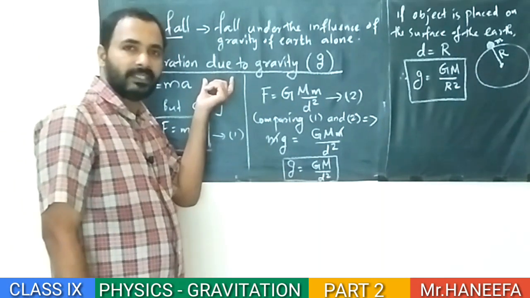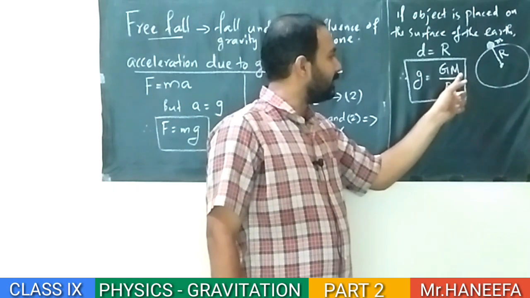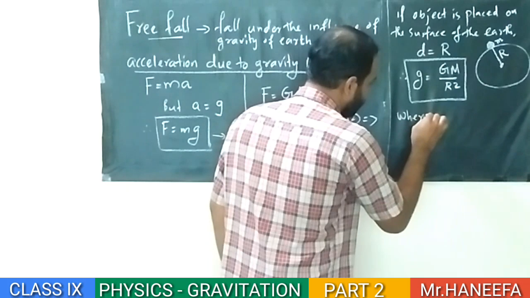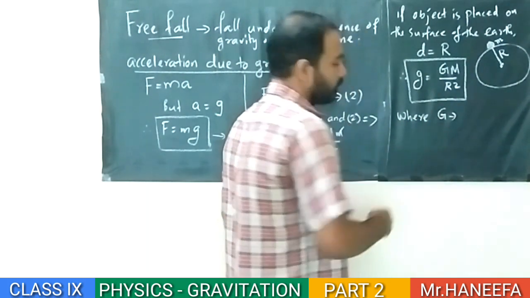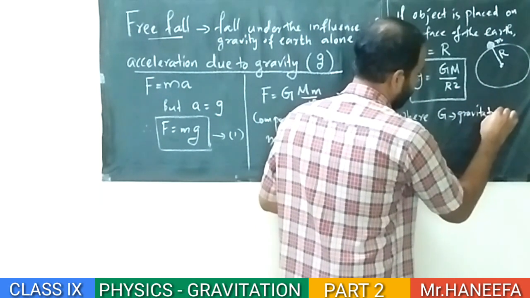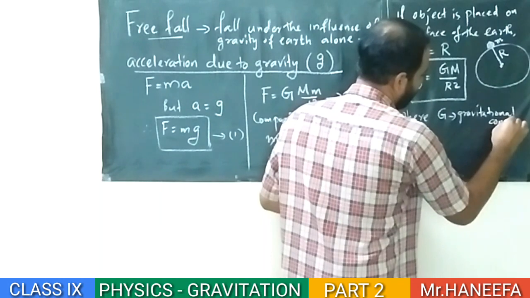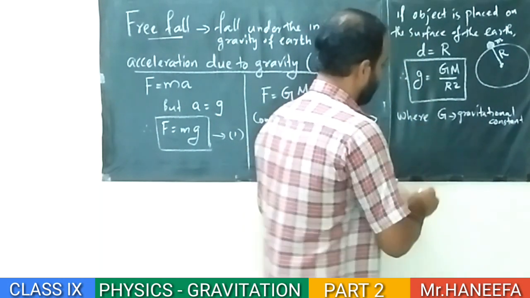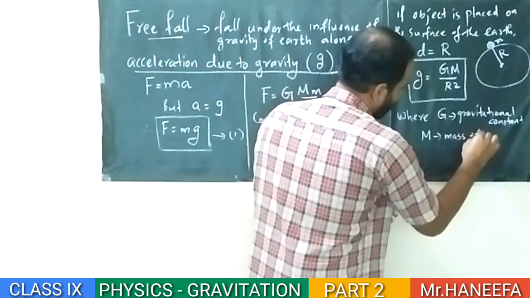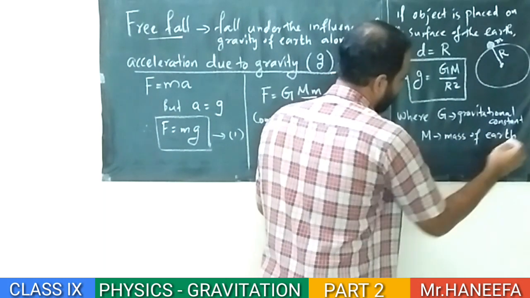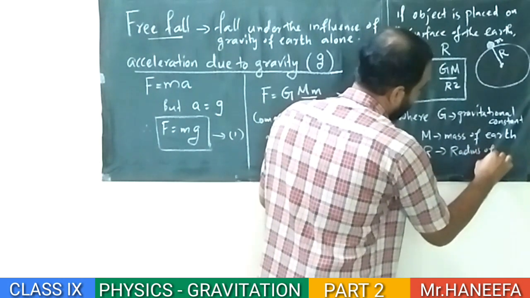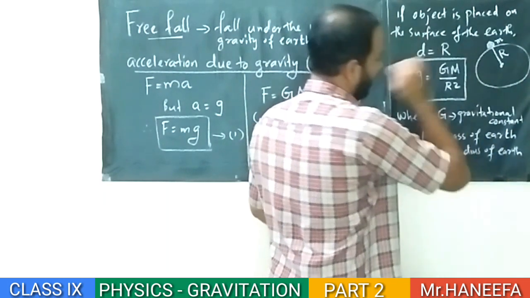Acceleration due to gravity, g equal to GM by R square, where G, gravitational constant, M, mass of earth, R, radius of earth.